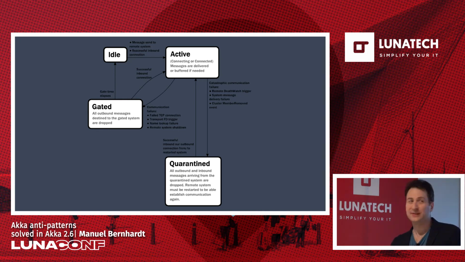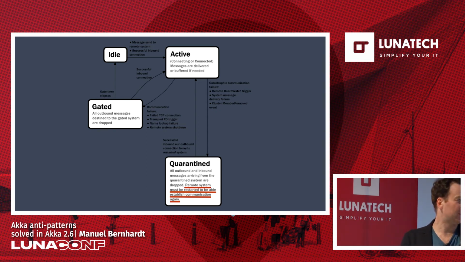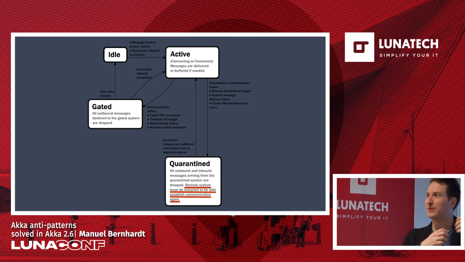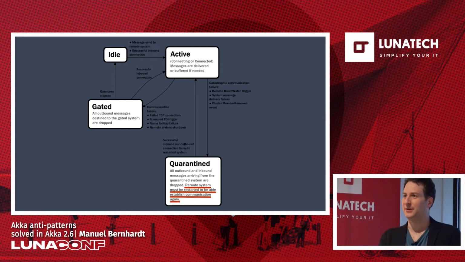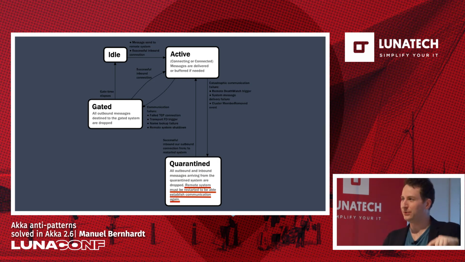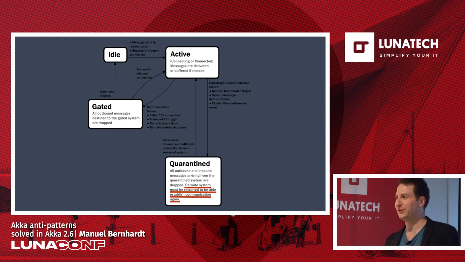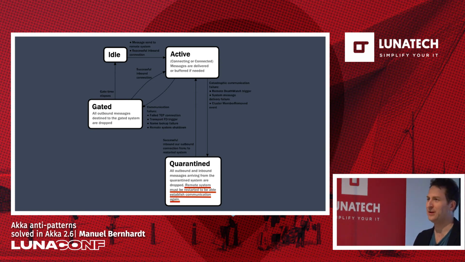Now the problem is, if you're using it, there is one thing you should know about, which is the quarantine nodes. This means that if there was a hiccup with the connection and you're trying to connect back, then you can't do that unless you restart the remote actor system. And that's quite a problem. I haven't seen it in recent times, but I've seen this quite a bit earlier on.